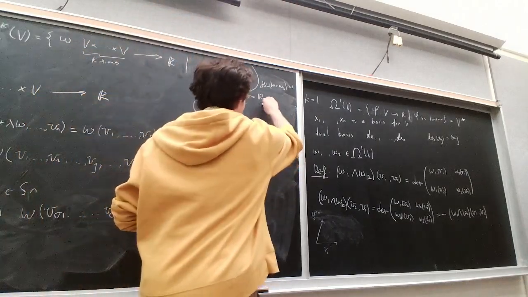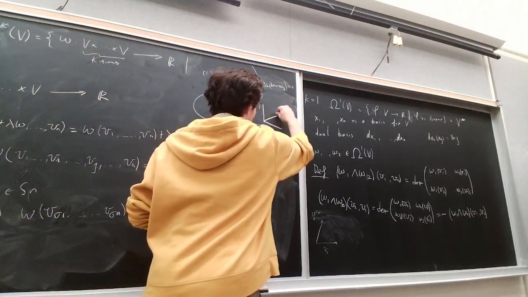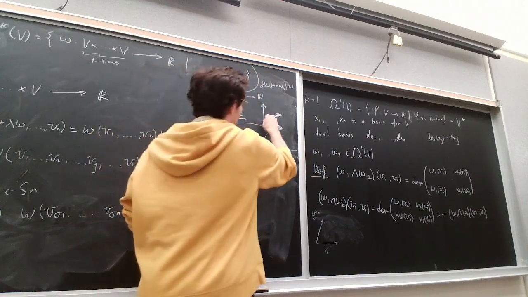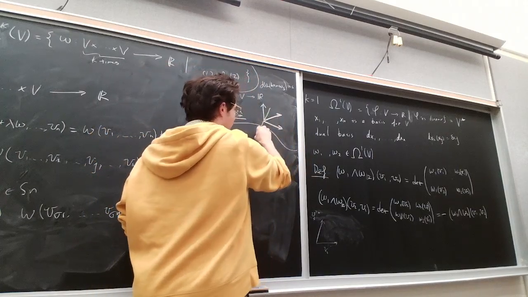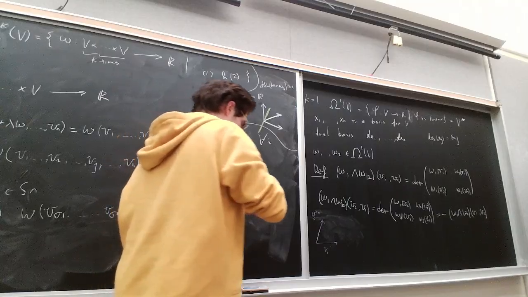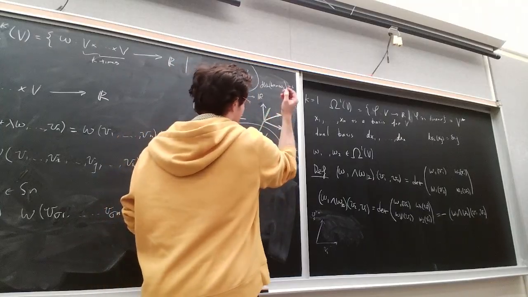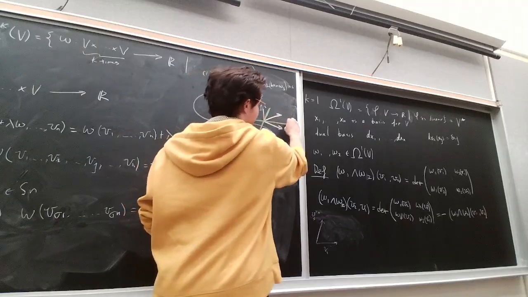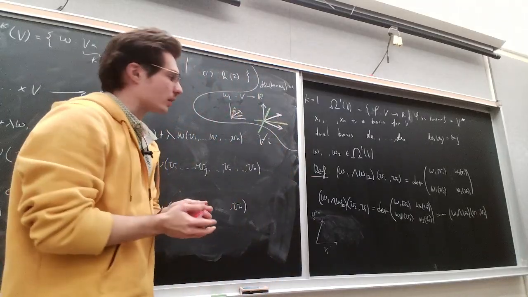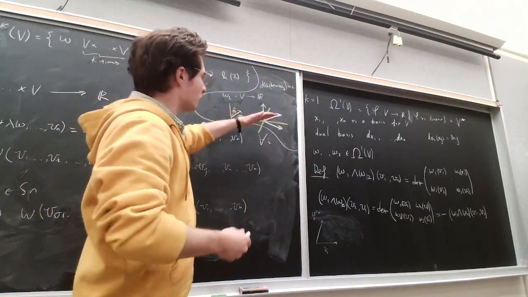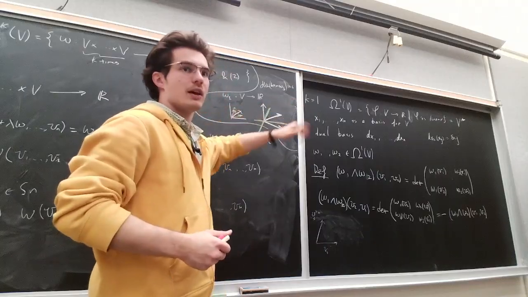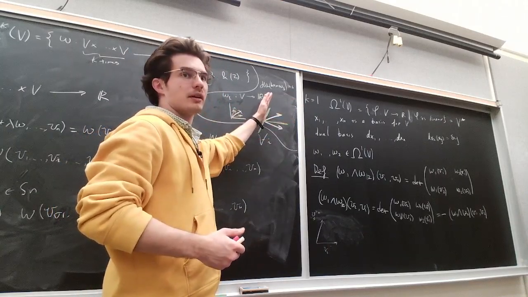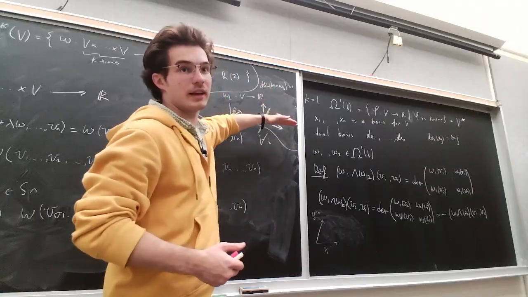So I have my 3-dimensional space, and I have my omega 1, which projects vectors onto this line, and say I have omega 2, which projects things onto this other line. Now I take an arbitrary vector. When I plug it into omega 1, it projects itself onto this line. When I plug it into omega 2, it projects itself onto this line.